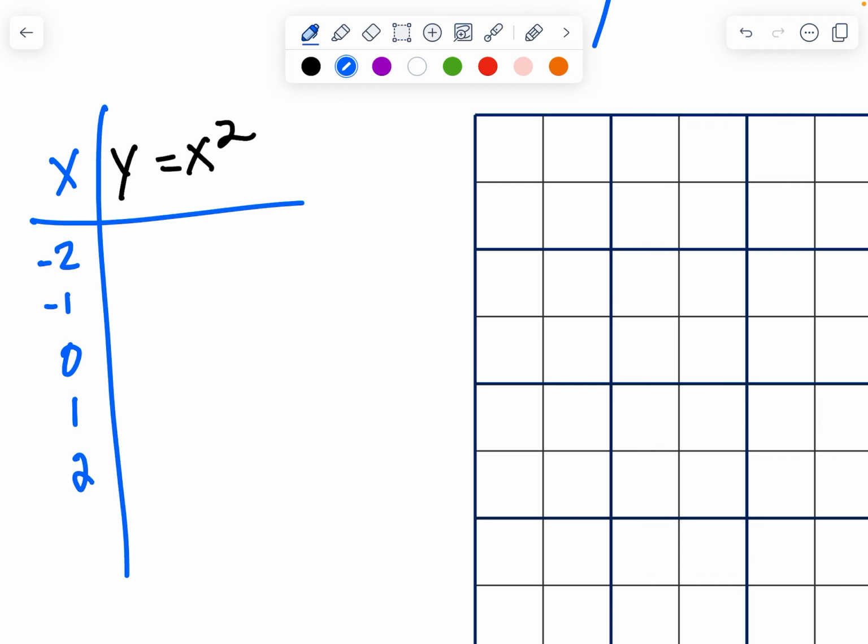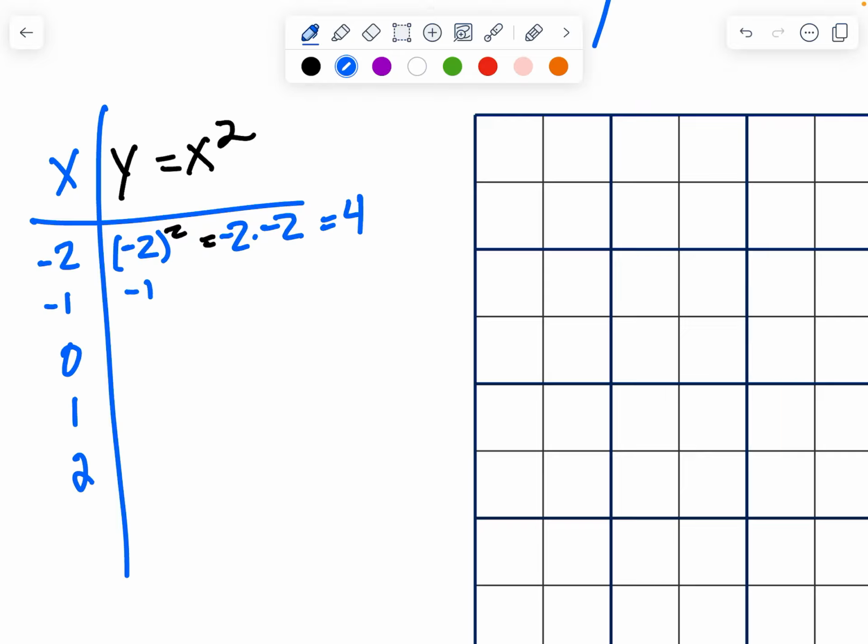So if x is -2, we're going to do -2 squared. That's 4, right? Because that's -2 times -2. Negative times negative is positive. You get 4.